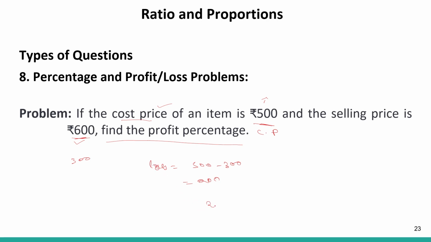So loss percentage will be 200 by 500 into 100. So this will be equal to 2 by 5 into 100, that is equal to 0.2, or 20%. Okay, 20% loss in that case.